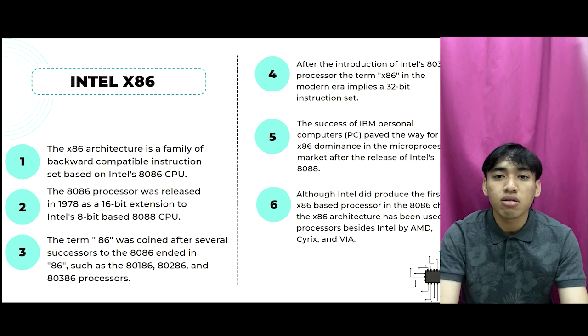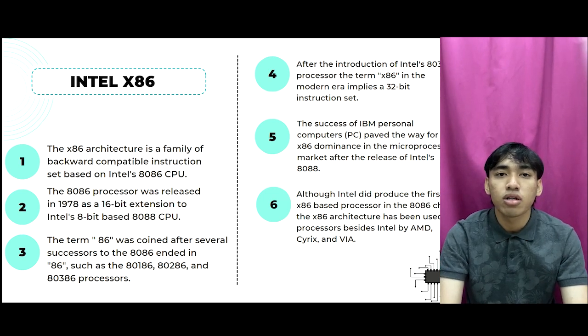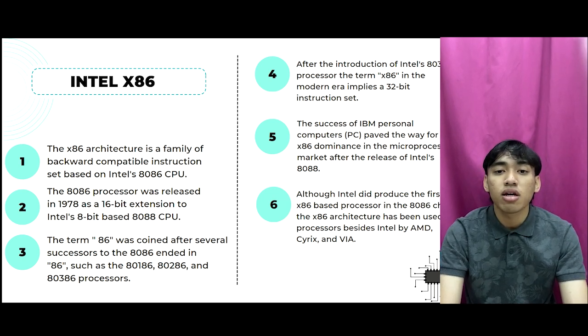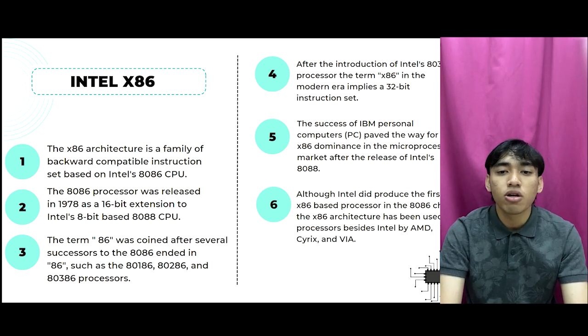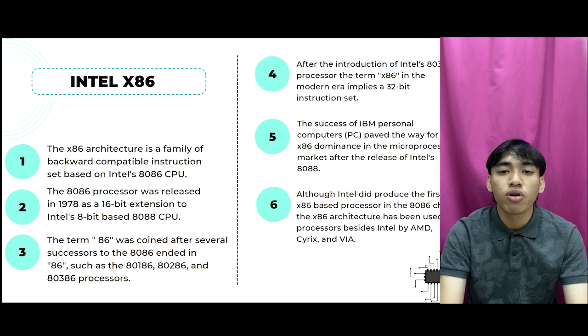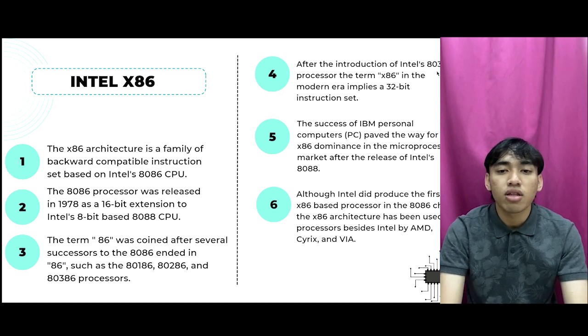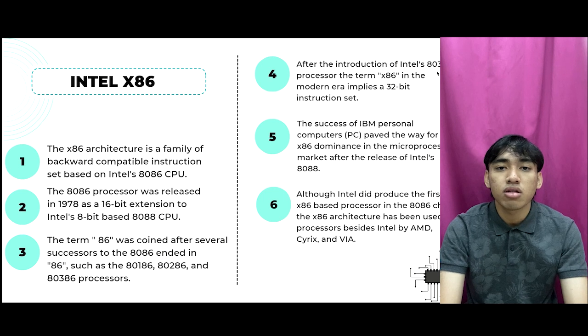And next, after the introduction of the Intel 80386 processor, the term X86 in the modern era implies a 32-bit instruction set. Then the success of the IBM personal computer PC paved the way for X86 dominance in the microprocessor market after the release of Intel 8088.